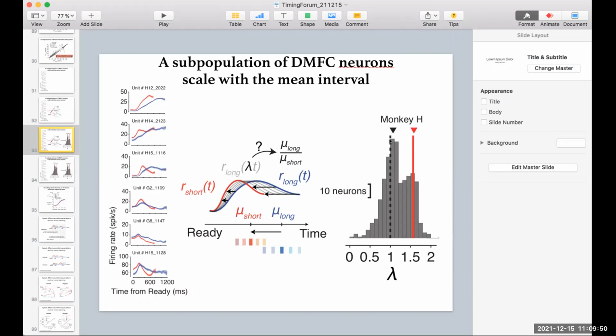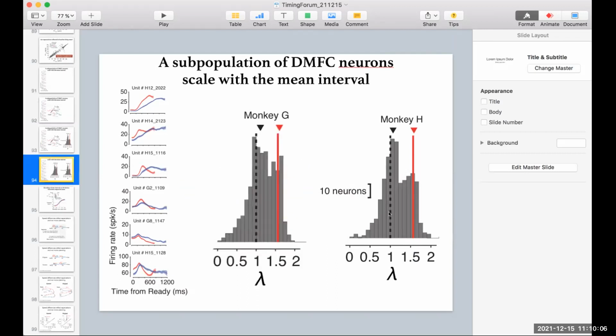There's one peak at 1, which indicates that some neurons are not scaling between the two conditions. And then you get this other peak, which is centered at the ratio of the two means. Here are the two monkeys separately. You can see this bimodality. So to answer your question, it seems that it's really a subpopulation of neurons.